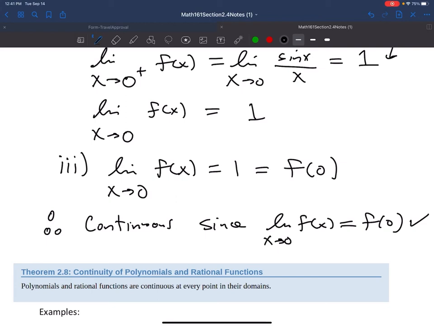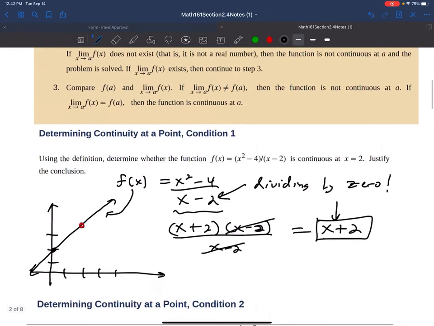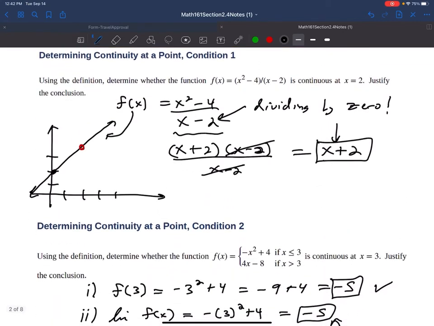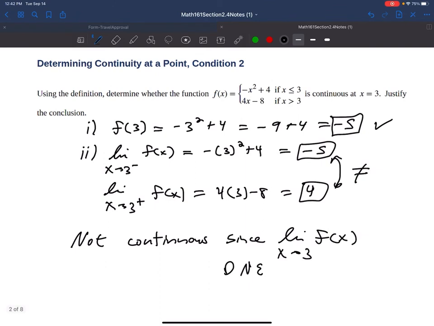So basically, we did an example of each. This is the first one where condition 1 was violated because this function is not even defined at the spot we're looking. Here, condition 2 was violated because our left and right hand limits were not equal. Therefore, the overall limit didn't exist, which means it cannot be continuous.